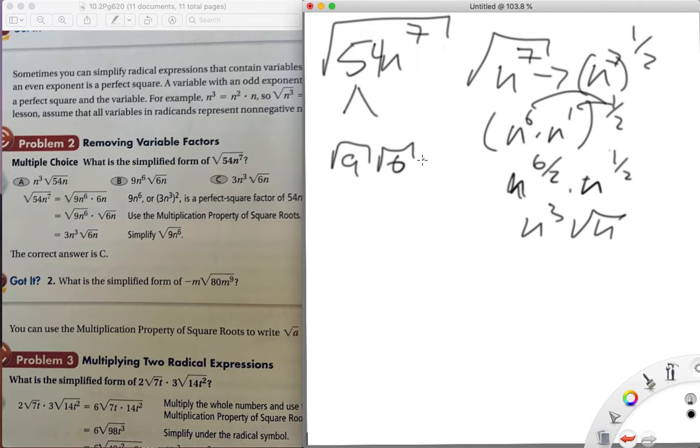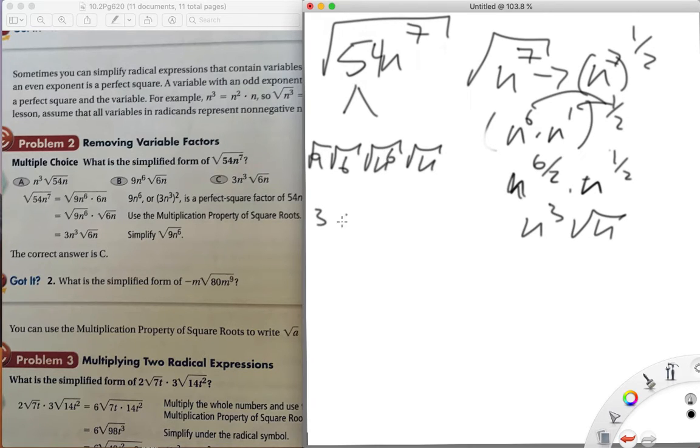So then I can have the square root of n to the 6 times the square root, I'll rename this way here. So this would be 9 times the square root of 6 times the square root of n to the 6 times the square root of n. 3 comes out, square root of 9 is 3.